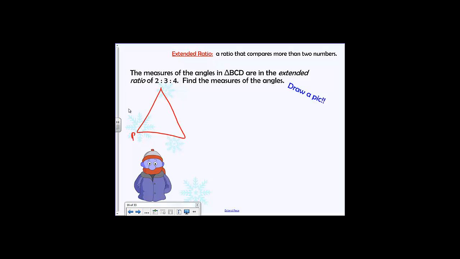So draw it, label it triangle B, C, and D. Whenever I see this, I come up here right away. I put in my x's just so I don't forget. So B is 2x, C is 3x, and in this case, D is 4x.